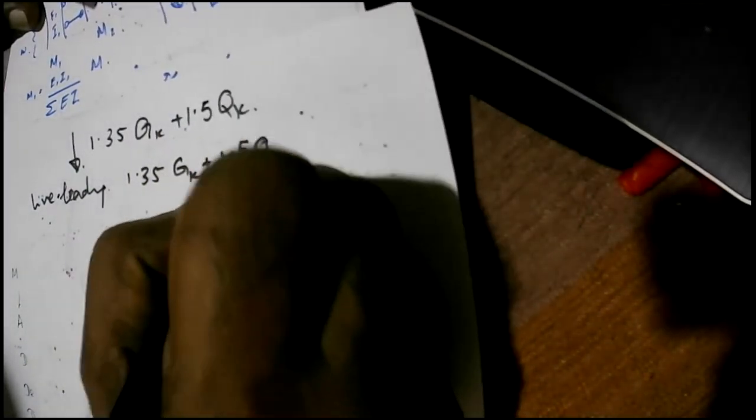So if we summarize all the load combinations that we have to consider, the first case is 1.35 GK plus 1.5 QK. So that is the vertical load case. Then you can get the live leading case, 1.35 GK plus 1.5 QK plus 0.75 WK.